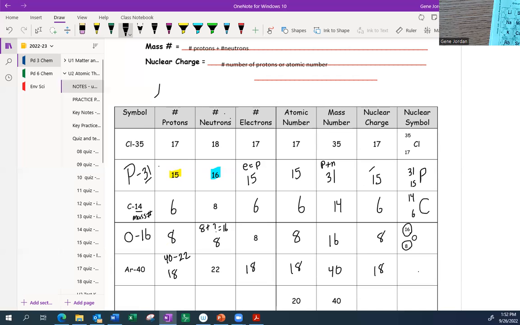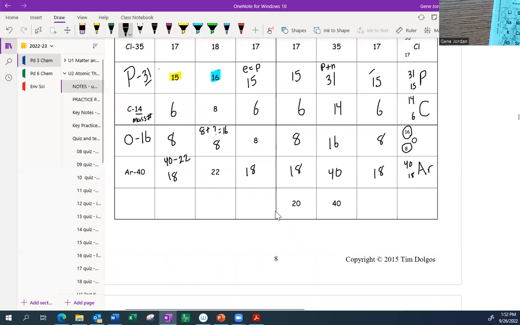Atomic symbol, we write Ar, and then we write its mass number on top and the number of protons on the bottom. All right, hopefully you get the hang of it. Try the next one on your own. Feel free to check my work.